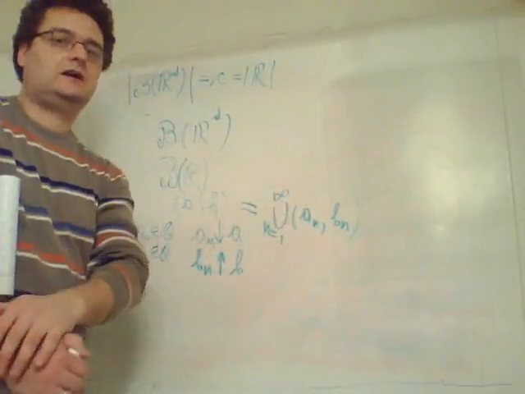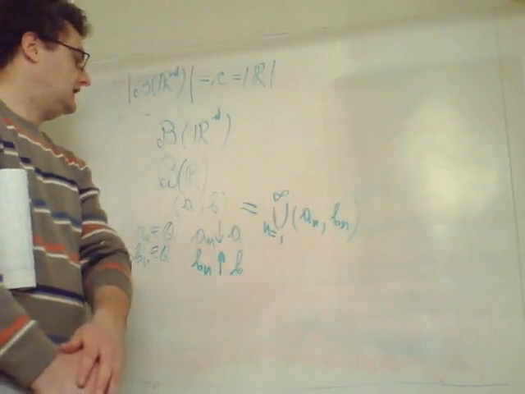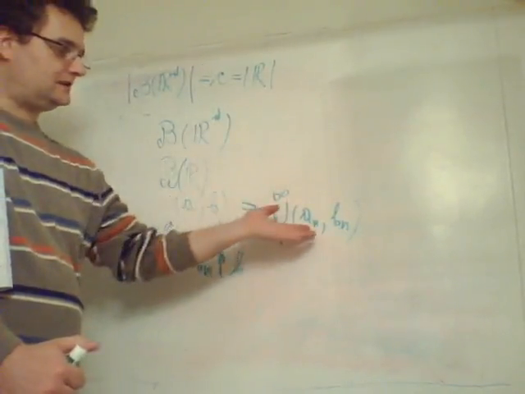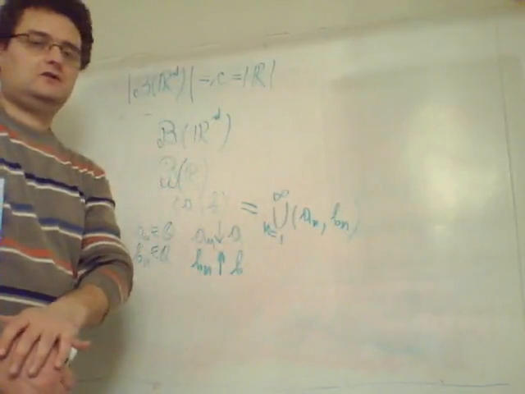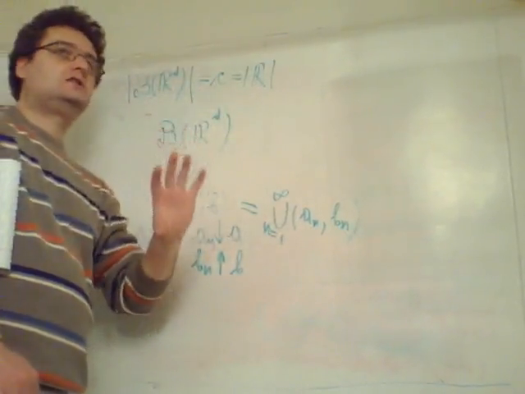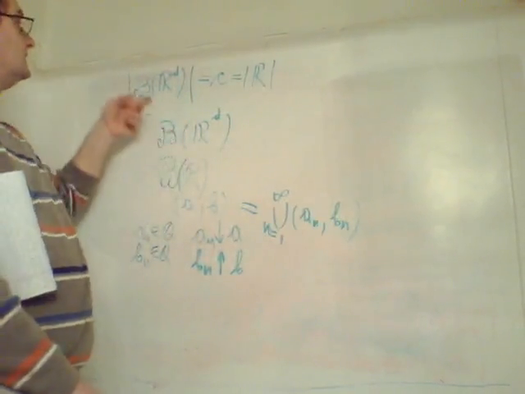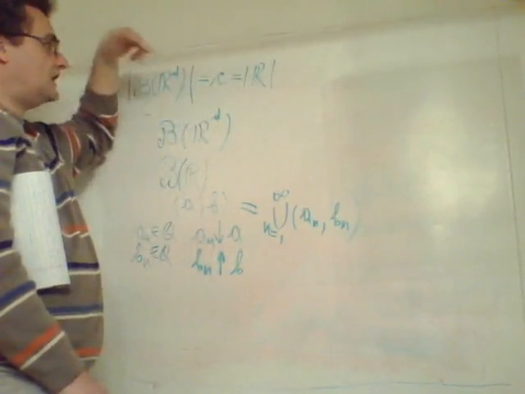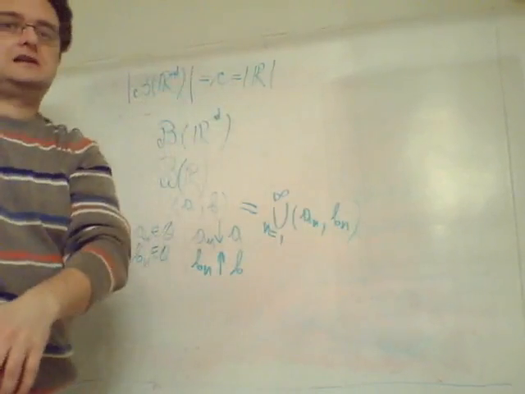The minimum sigma field containing these rational intervals is again B of R. So when you think that it's countably generated, maybe this might not be so unreasonable, that B of R^d is relatively small.